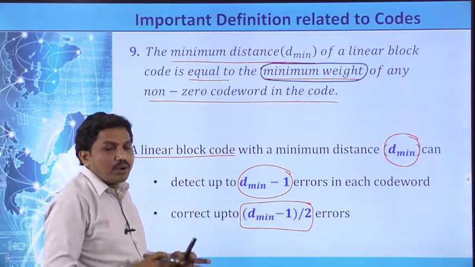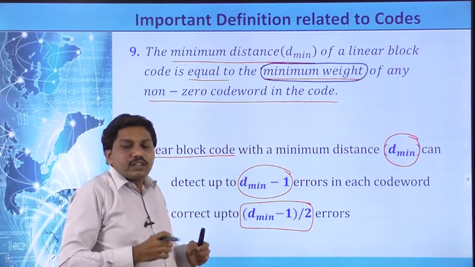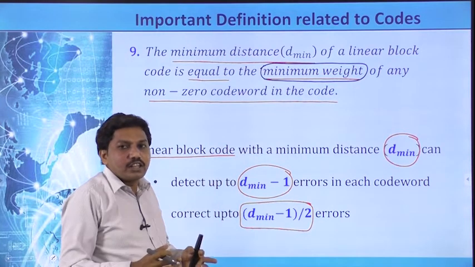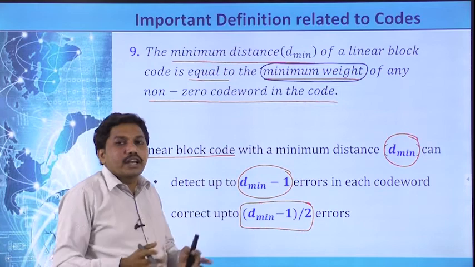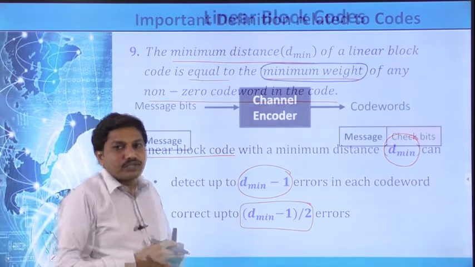In a linear block code having minimum distance d minimum, the code can detect up to d minimum minus 1 errors and correct (d minimum minus 1) by 2 errors in the code word.